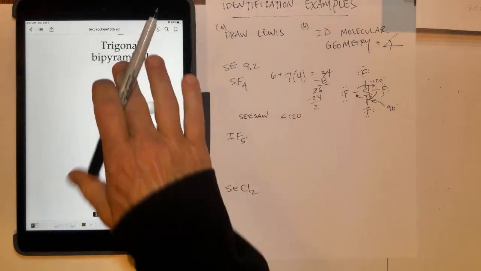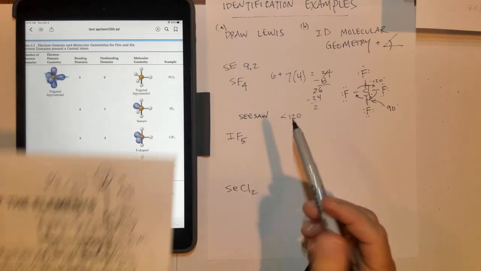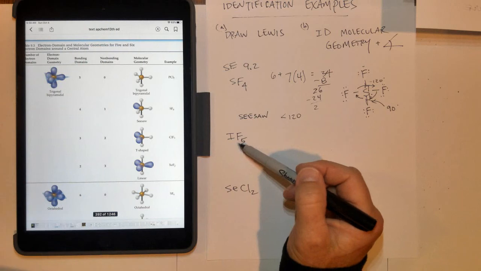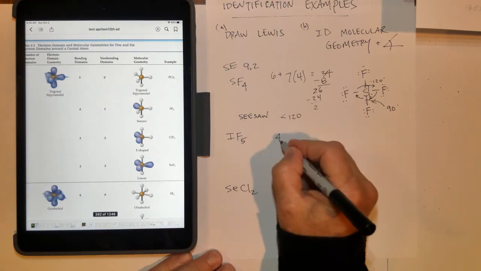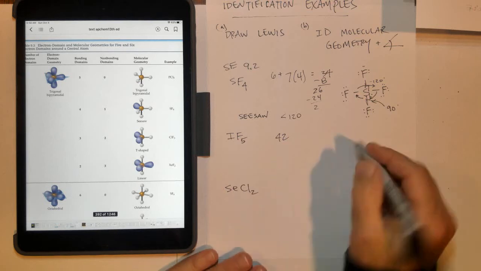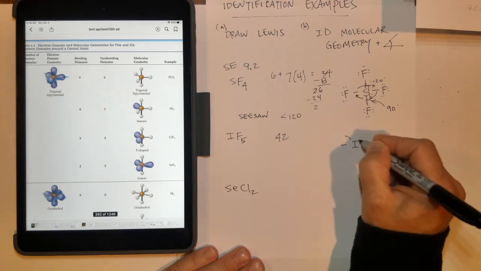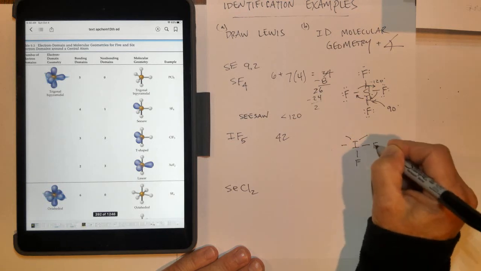Second example, IF5. First, sum the valence electrons. Fluorine is 7, iodine of course is 7, so it's actually 6 atoms that have 7, so 6 times 7, there's 42 electrons. End up with the iodine in the middle and bond the fluorines around it. So we have 5 fluorines around the center.